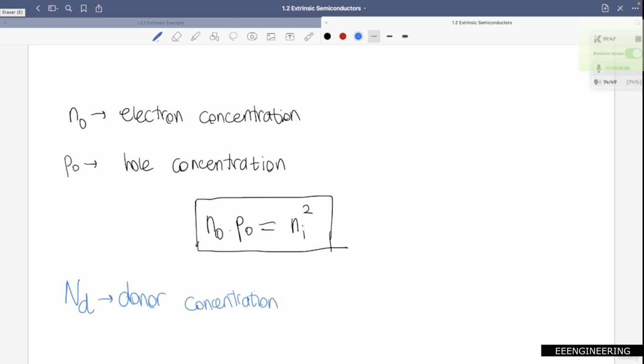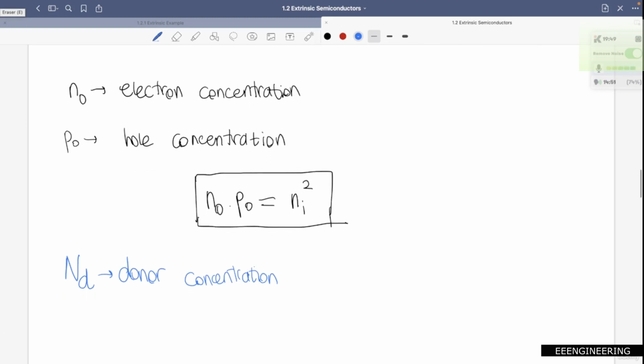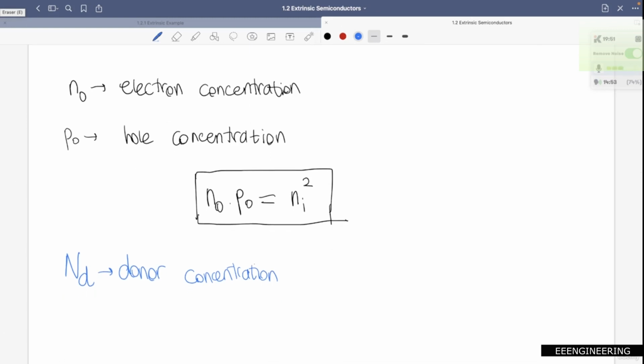If you have a donor concentration ND that is a lot greater than the intrinsic carrier concentration Ni, you can see that the donor concentration is approximately equal to the electron concentration. What does that mean?